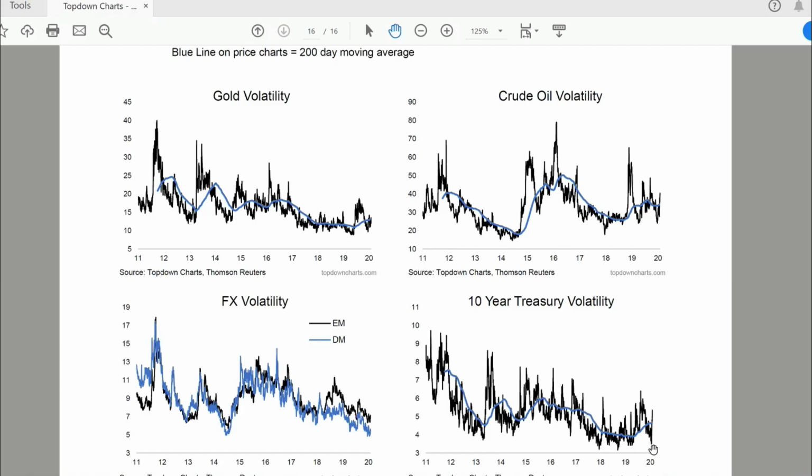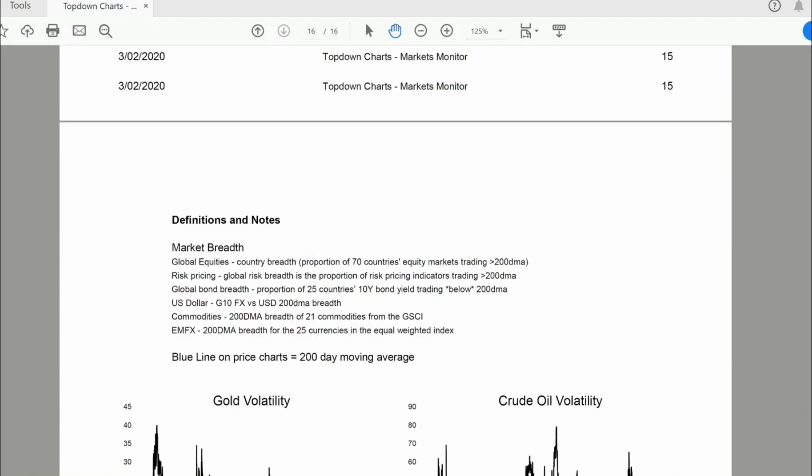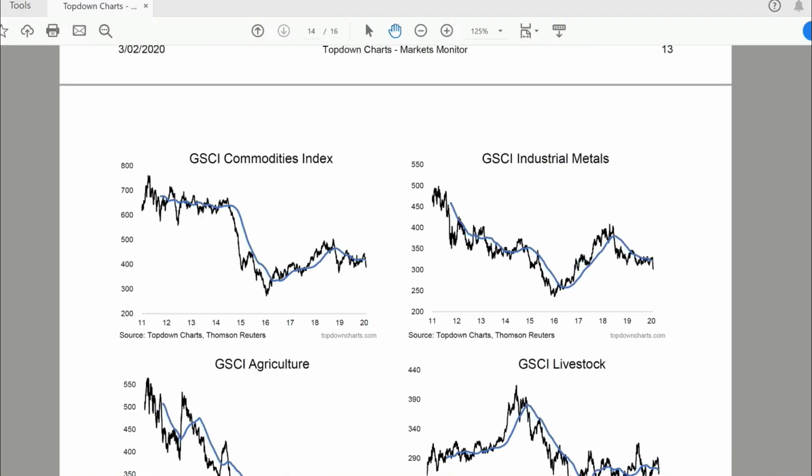Like actually just a couple of weeks ago when treasury volatility hit the lows, I remarked about that in this markets monitor report, alongside the fact that treasuries were putting in all these oversold signals, and that was just at the start of the rally in treasuries. It's always good to pat yourself on the back because when you get these victories, you've got to take them.